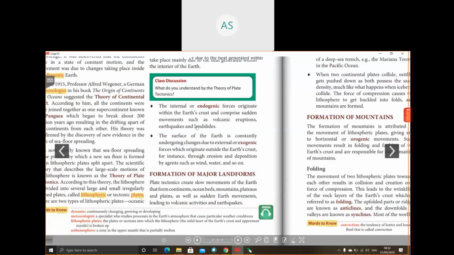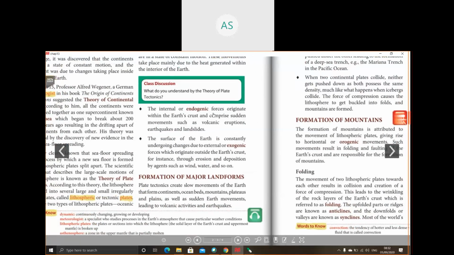The internal or endogenic forces originate within the earth crust and comprise sudden movements such as volcanic eruption, earthquake and landsliding. As we can see, when the oceanic plates and continental plates move, they will generate endogenic forces.